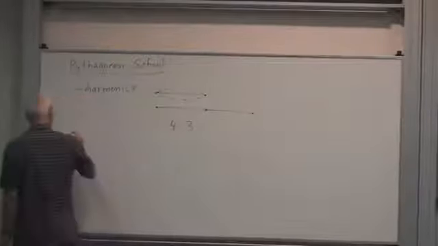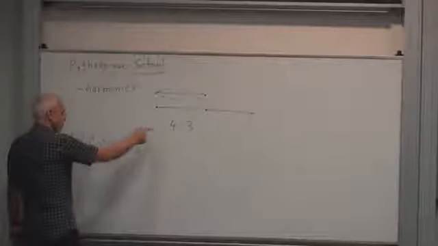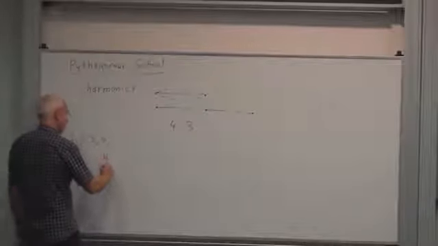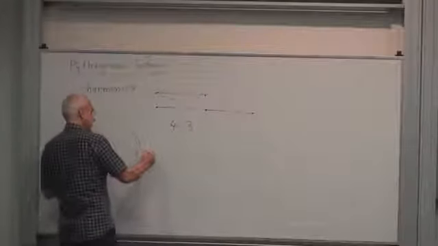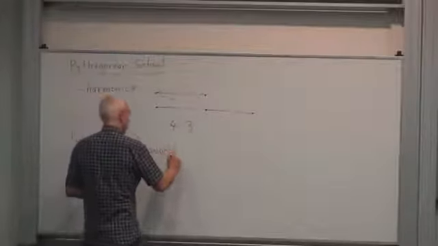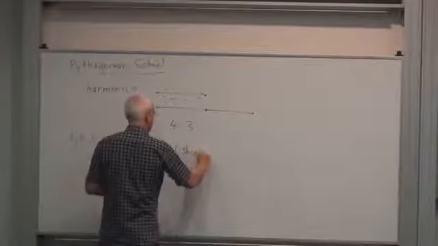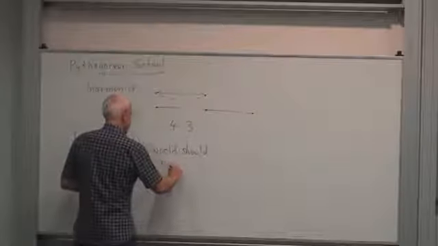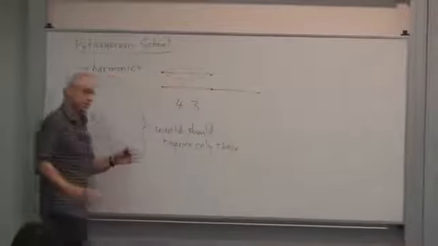And when they say numbers, we're talking about ordinary natural numbers and numbers that you could build from them, ratios like this, or what we would call fractions. Their idea was that the universe, the world, should be explainable only in terms of these kinds of numbers.